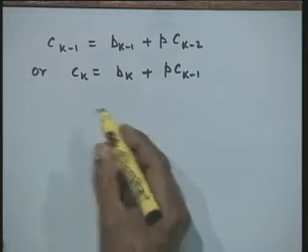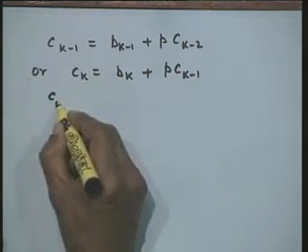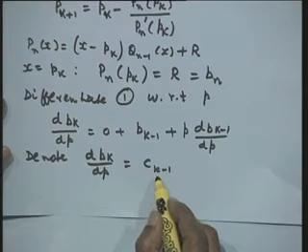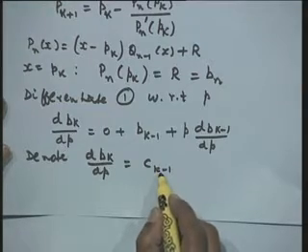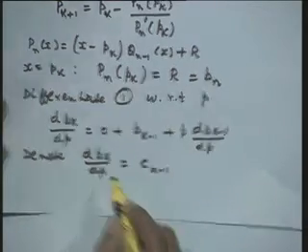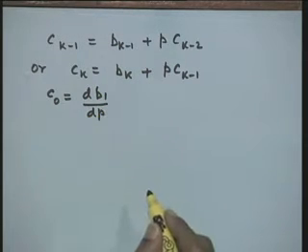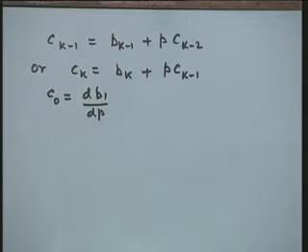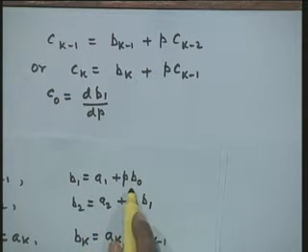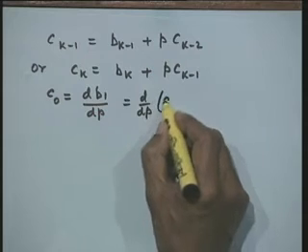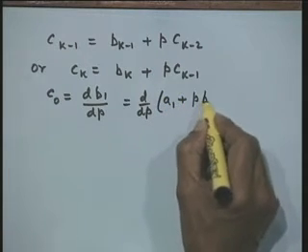where we have to define the first coefficient. Let us define what is c0. If you take k equal to 1 here, that is your c0, which by definition is db1 upon dp. Let us go backward one step and see what is our b1. b1 was a1 plus p b0. So, we substitute: d upon dp of a1 plus p b0.